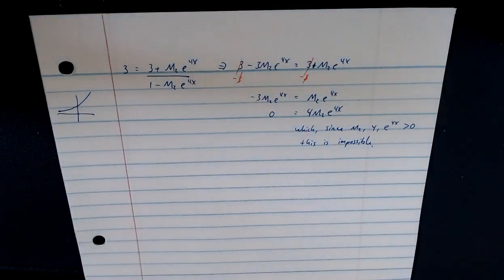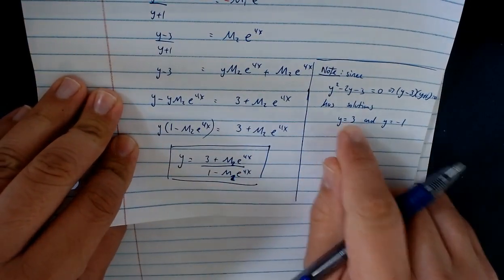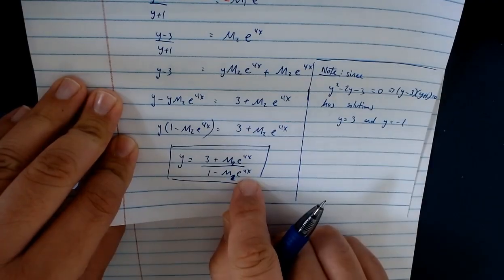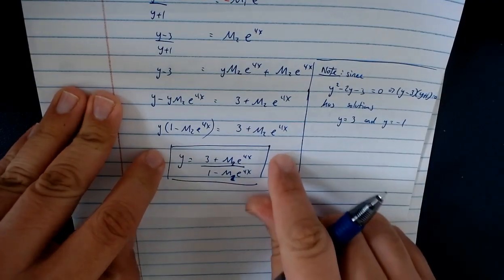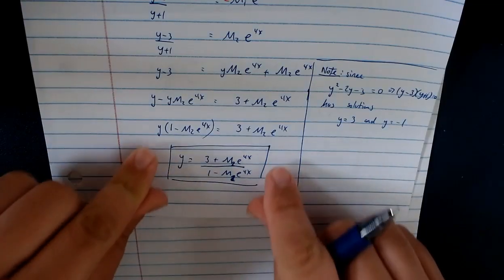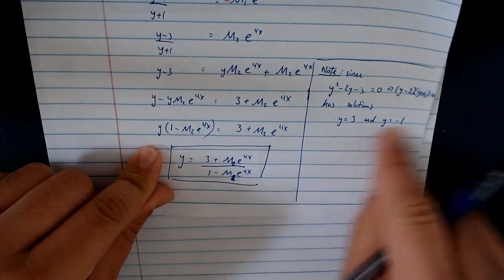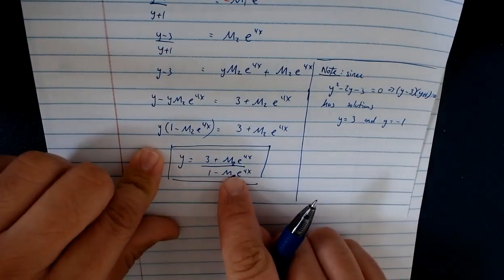Okay, so what does that mean? That means here's our family of solutions. This is a solution, but it's not a member of this family. We've mentioned this before. When you have a family of solutions, that doesn't mean it's all inclusive. It means every member of this family is a solution, but there might be other solutions somewhere else that are not a part of this family.